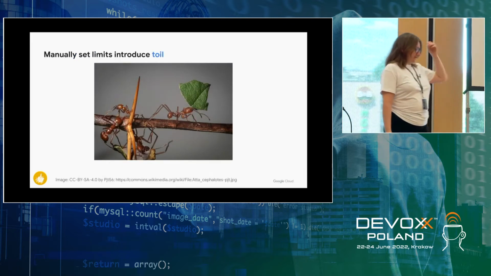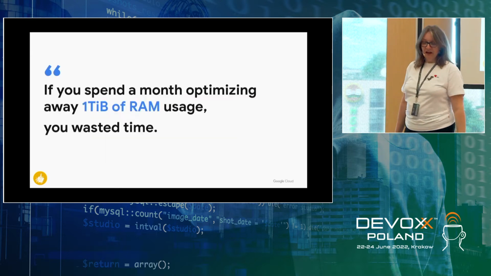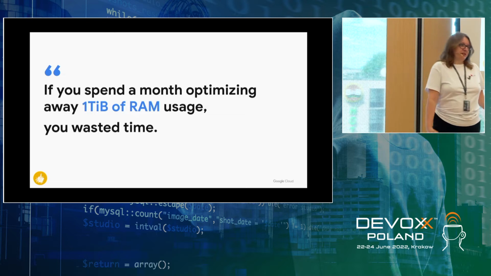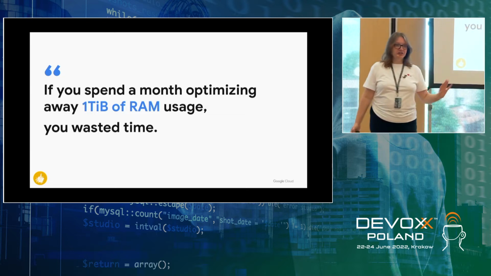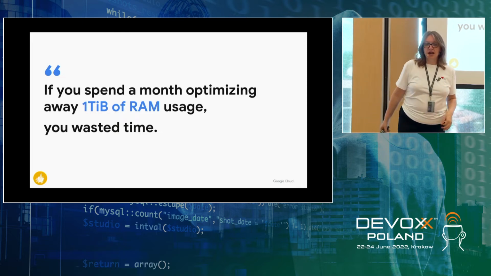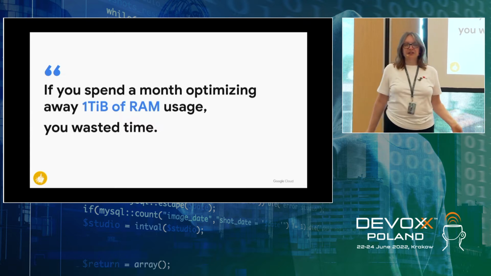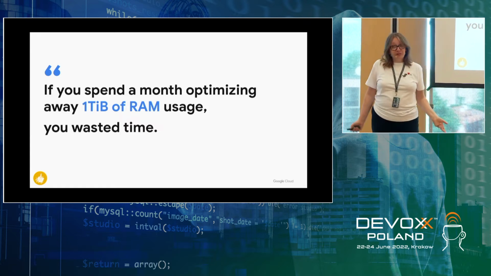We already noticed that doing it manually, if you wanted to do it efficiently, would be a terrible amount of manual work. We don't want that. Also, it may not be worth that manual work. Resources have their cost, but also engineering time has its cost. So if someone spent a month optimizing 1 terabyte of RAM usage, it's probably not worth it.